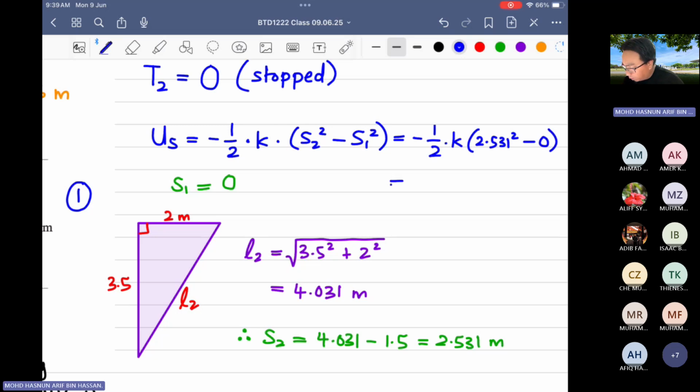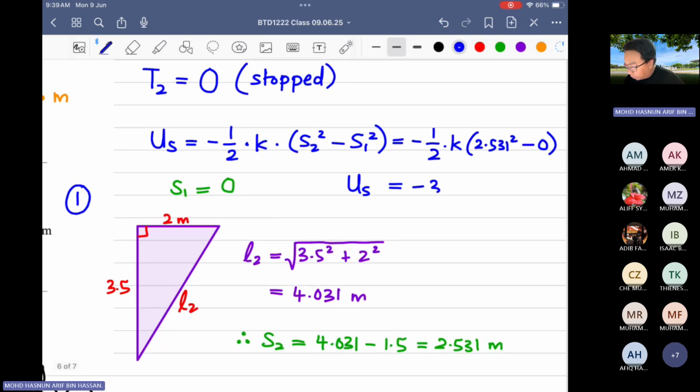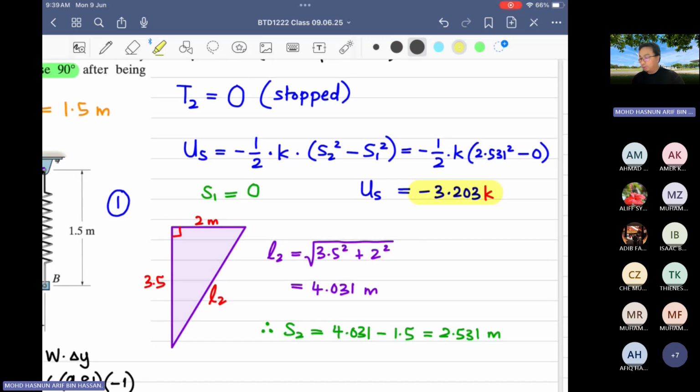So you get here U_s is 2.531 squared, and then divided by 2, we have minus 3.203 K. Okay, K is unknown.